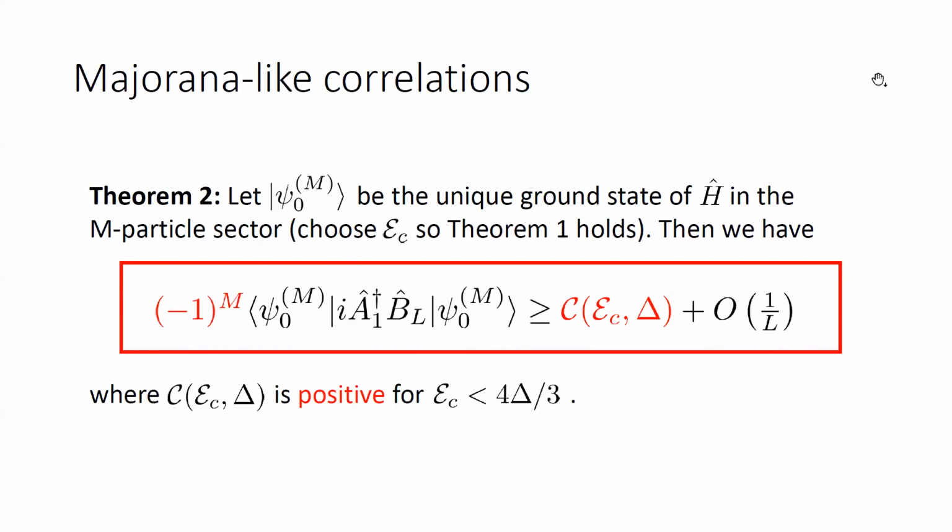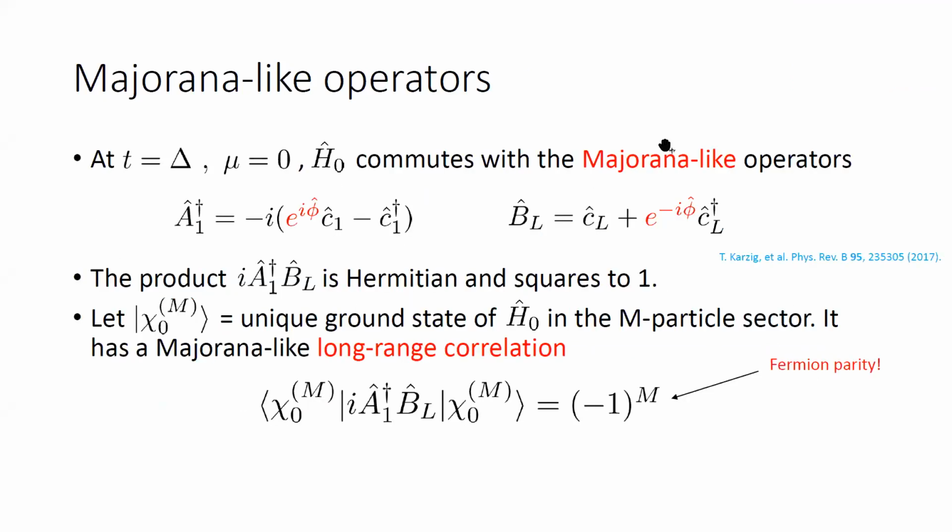Can I ask questions? Sure, yeah. The capital A and capital B, what's the algebra of themselves actually? They are still complex fermion operators, is that right? Yes, they satisfy the type of anti-commutation relations of complex fermions. They're actually Hermitian, though, up to a phase. So if you take B_L dagger, it'll be equal to e^{i phi} B_L. But then the anti-commutation of A and A dagger would still be 1? I think it is still 1.